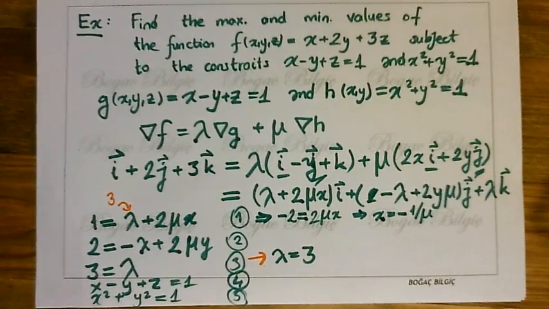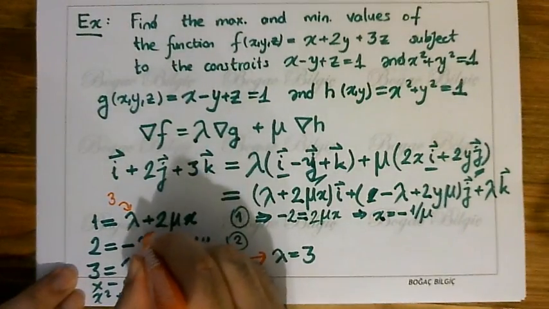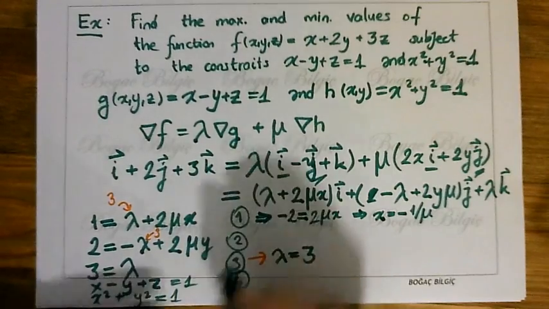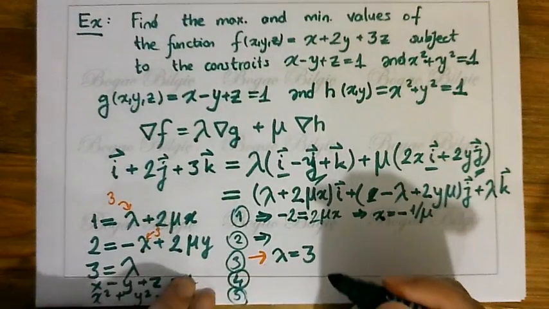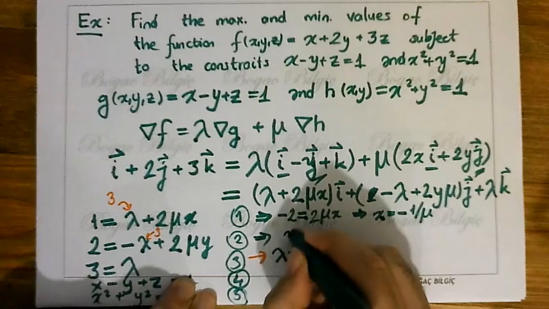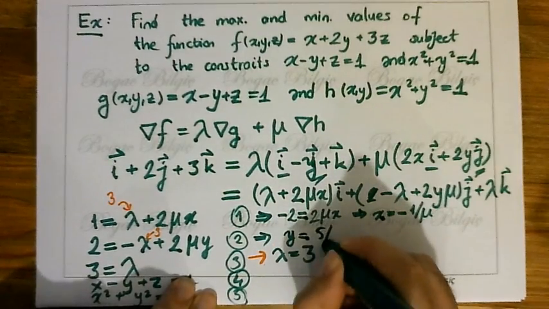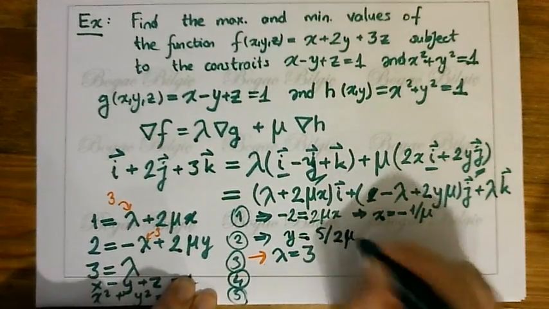And lambda is 3, so y is 5 divided by 2 nu.